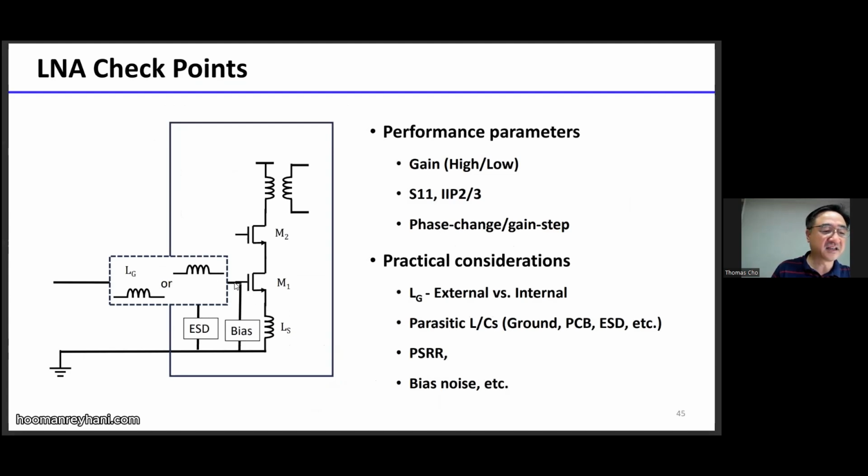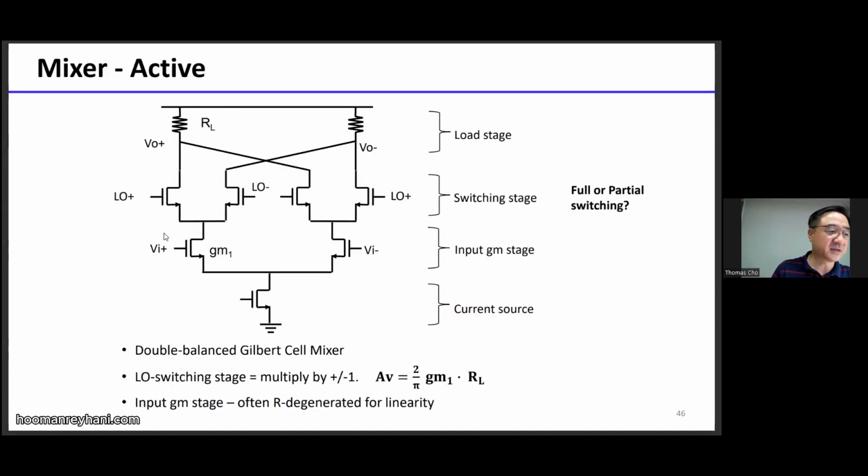So its linearity depends on the VGS minus VT of this device plus inductance. But for the mixer case, you have just a gm, and you are receiving the amplified signal from the LNA, so you may need more input dynamic range to receive the larger amplified signal from the LNA.